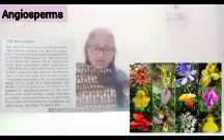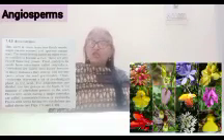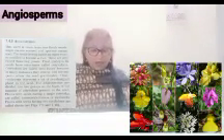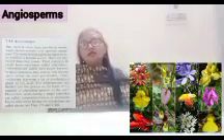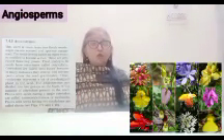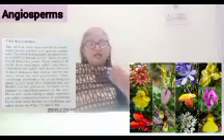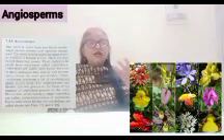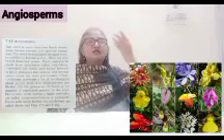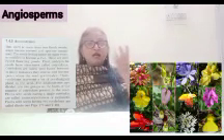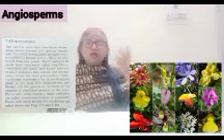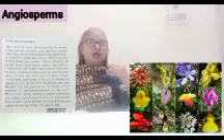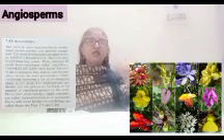Therefore, we can say the cotyledons actually represent a pre-designed plant in the seed. Why do the cotyledons represent a pre-designed plant in the seed? Because when the seed germinates, the cotyledons come up and become green in color. That is why they are known as seed leaves also. And it somewhat resembles a leaf.